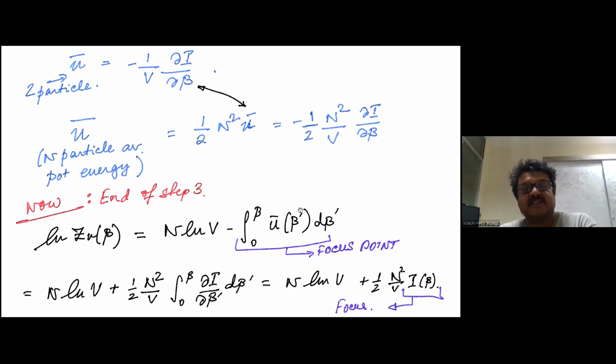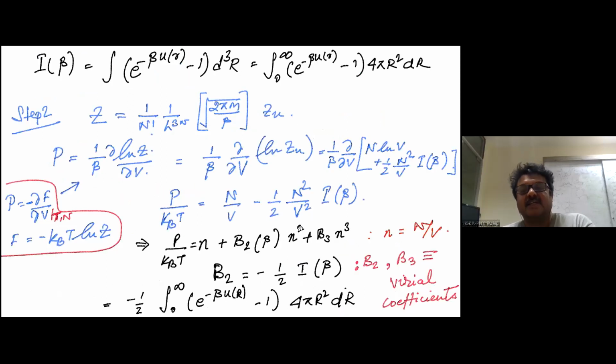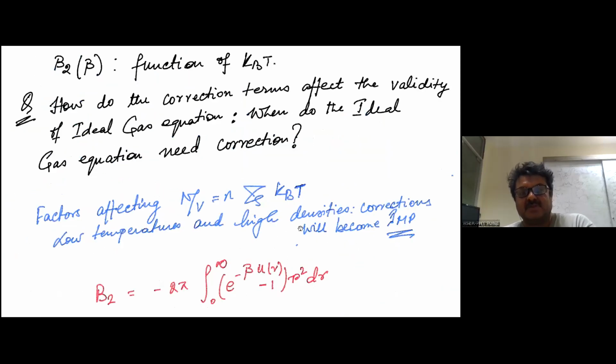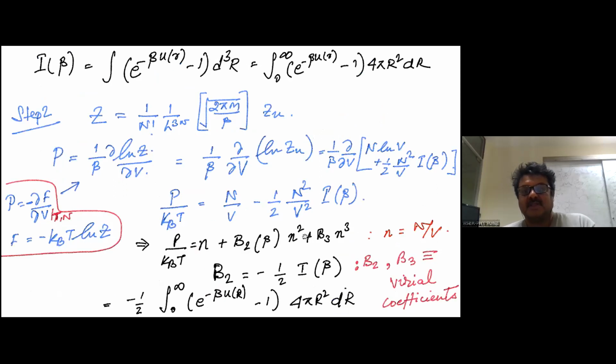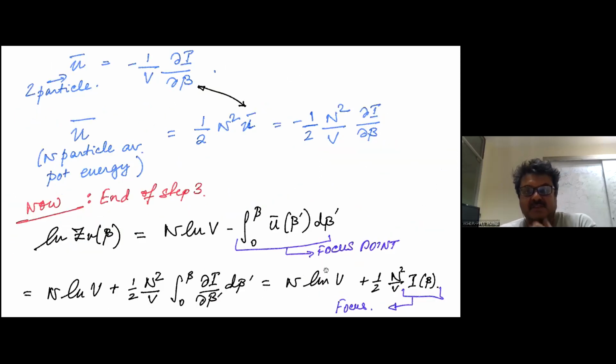And this n particle average energy of the system, U beta dash, what we are going to do is put this here.